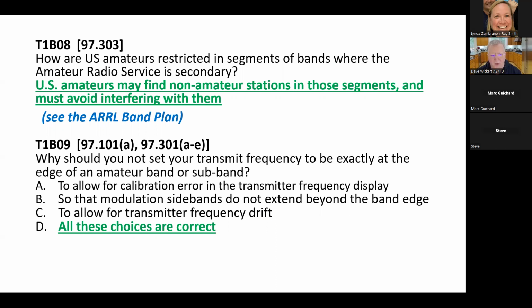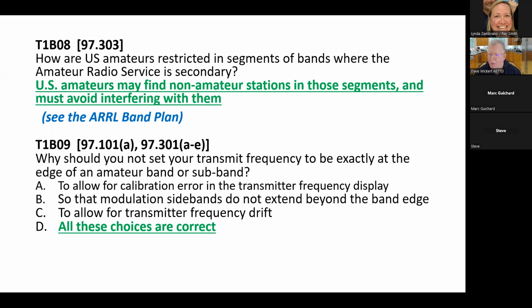The difference is in some of our segments, we are secondary. So at the bottom portion of the 70 centimeter band, which is a very common band that we use, we share that band with radar locations around airports.